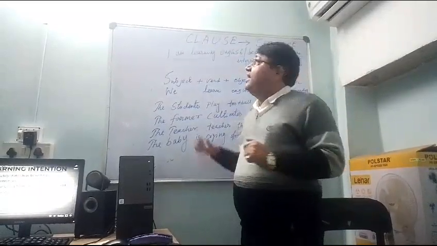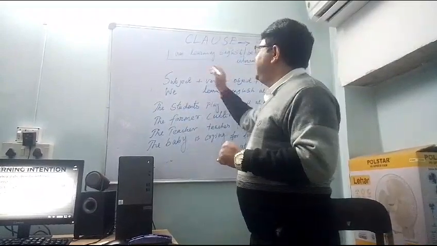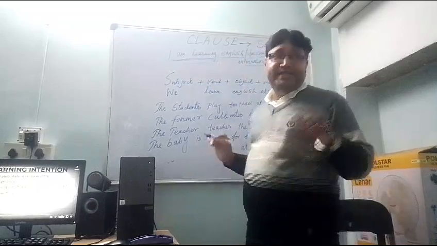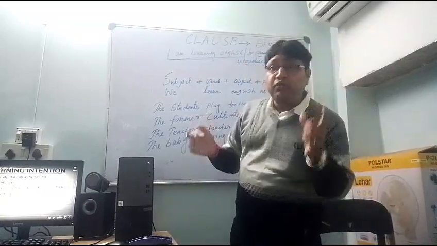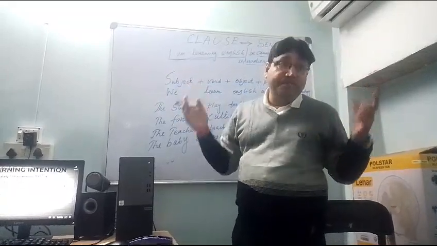So basically, a clause consists of two elements. The first one is the principal clause or the main clause. Principal means the main, without which the entire sentence will be incomplete.